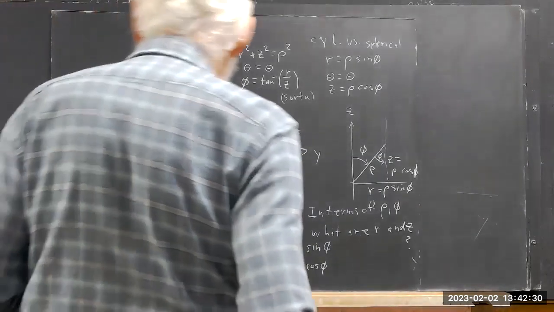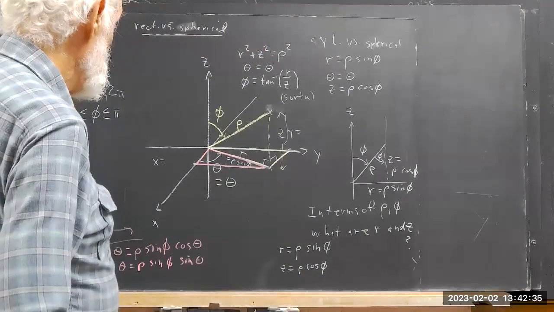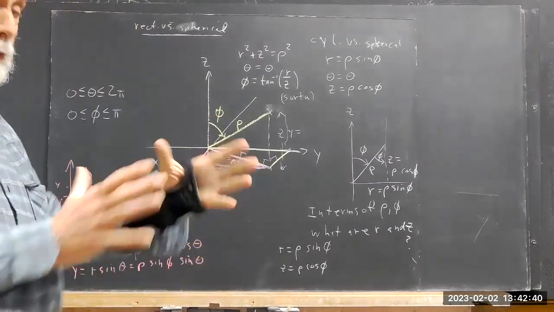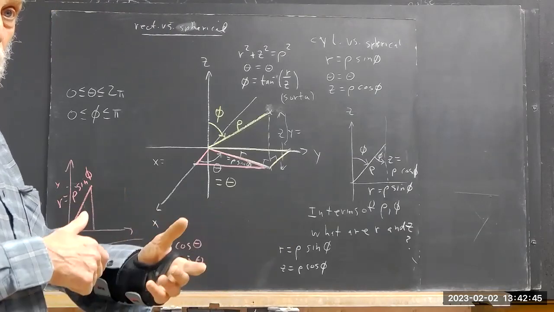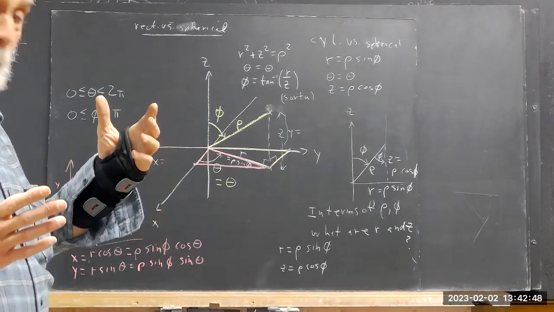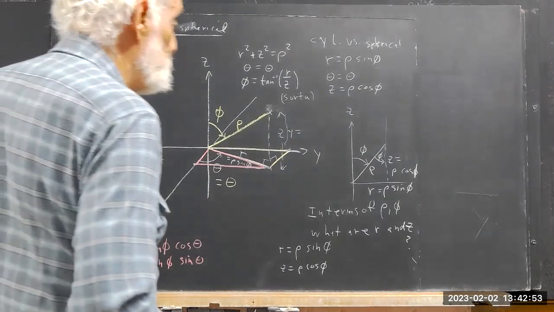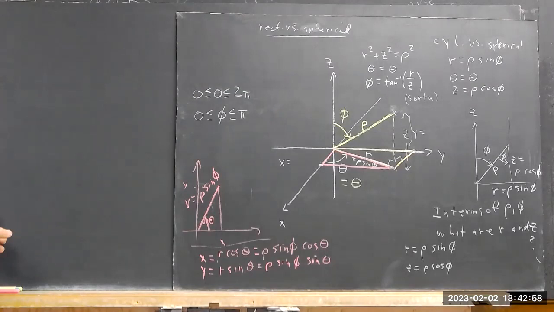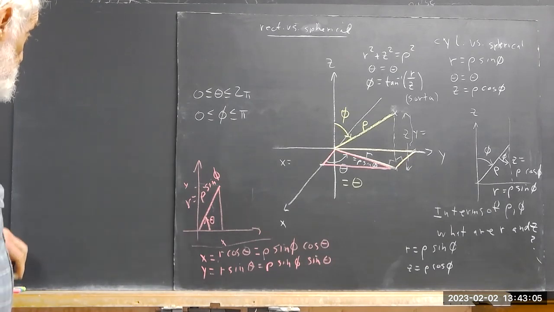Your assignment is going to run you through a lot of different kinds of shapes that you can get. If rho is constant, you get a sphere, assuming theta goes from 0 to 2 pi and phi goes from 0 to pi. Okay.